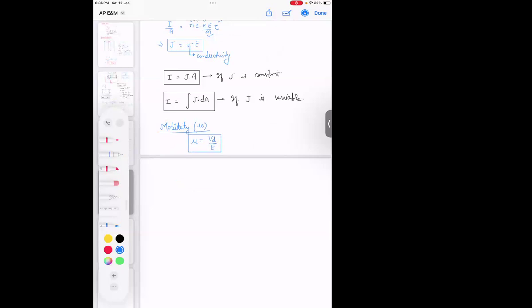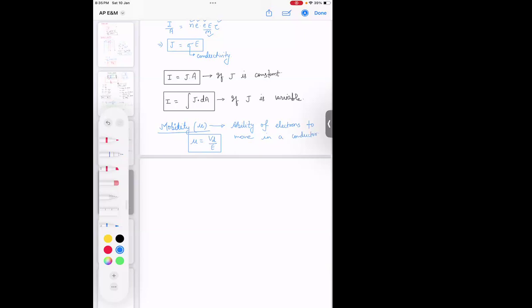So mobility represents the ability of electrons to move in a conductor. How easily is it able to move?